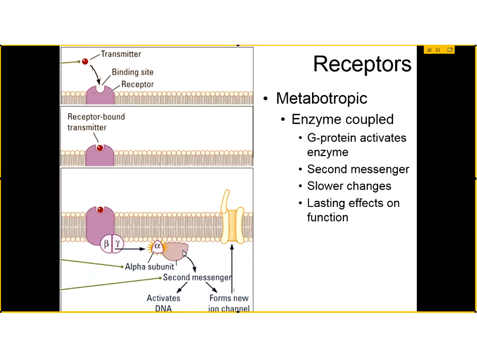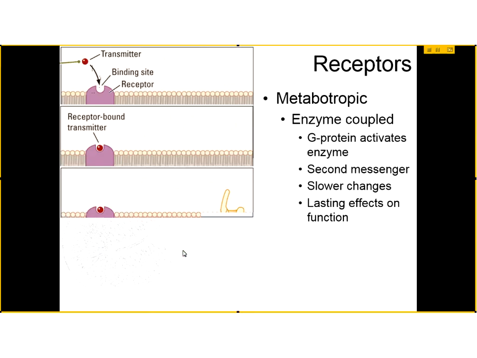It puts more ion channels in place so that the next time you're confronted with that information, you'll have more channels in place and you'll be more likely to respond than had you not had that experience. So these metabotropic enzyme-coupled receptors really are the basis of memory.